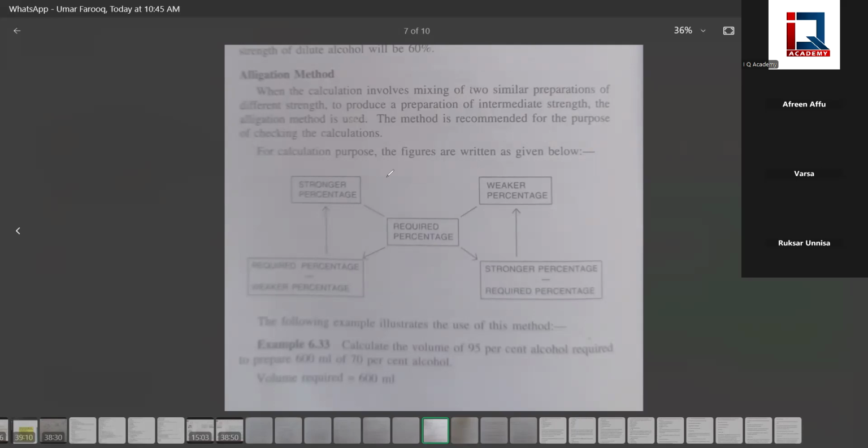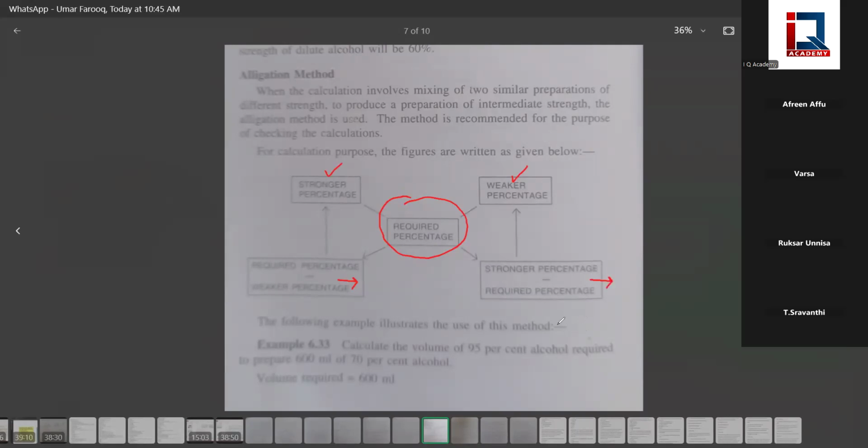So you see, first this is the required percentage, this is the strong percentage, and this is the weak percentage. The formula here is required percentage minus weak percentage, and strong percentage minus required percentage.